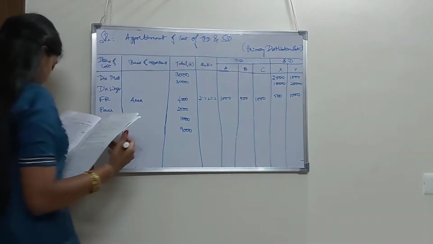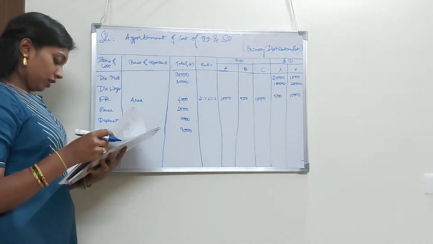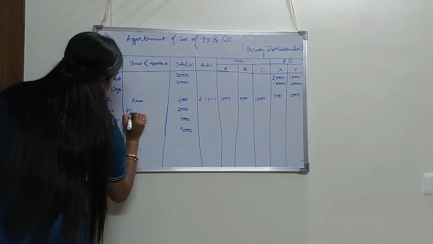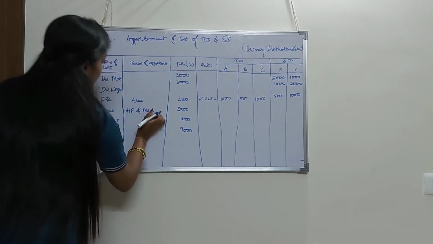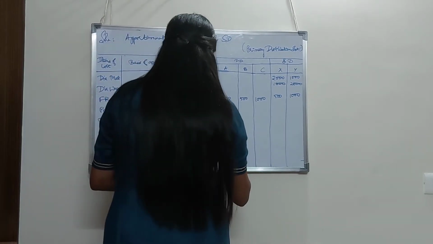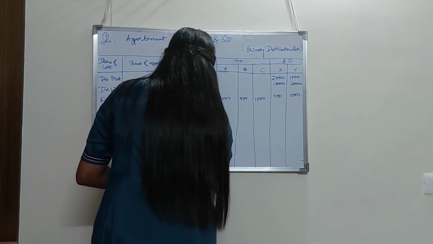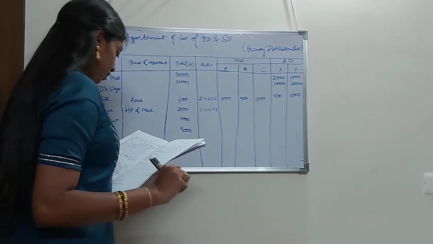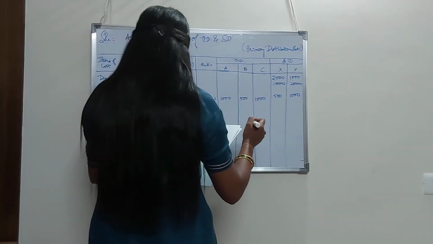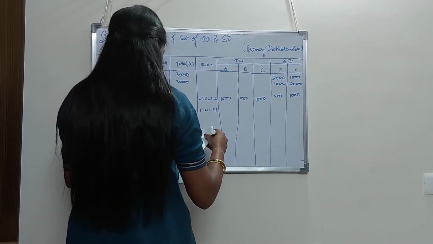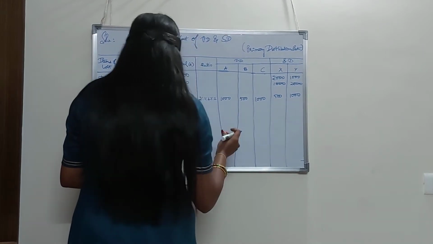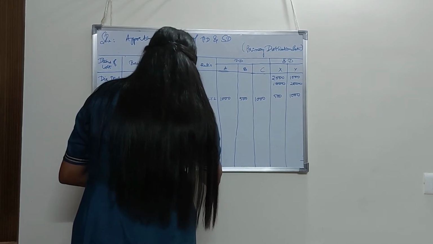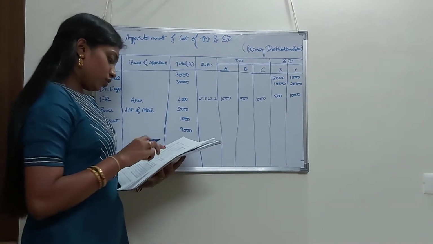Next, power. Power has to be allocated as per horsepower of machines. And the ratio as per this table would be 1:2:4:1:1. Again, the apportionment is on horsepower of machines.